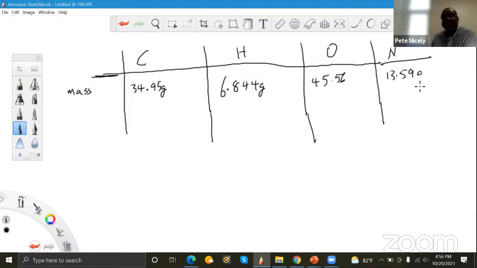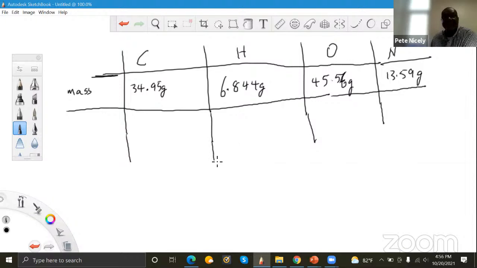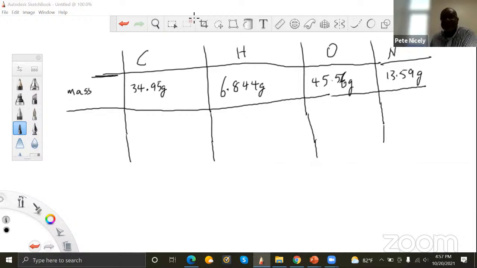And then what do we do next? Can anybody tell us? What's the next line here? Okay, we use the molar mass. So how do we use the molar mass? What are we trying to find by using the molar mass?